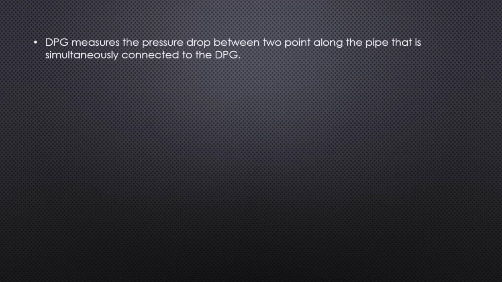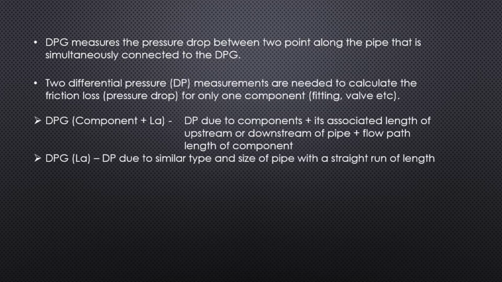Again, to determine the friction loss in piping system, differential pressure gauge DPG is used to measure the pressure drop between two points along the pipe that are simultaneously connected to the DPG. If we want to calculate the friction loss for one component, then two differential pressures must be recorded.